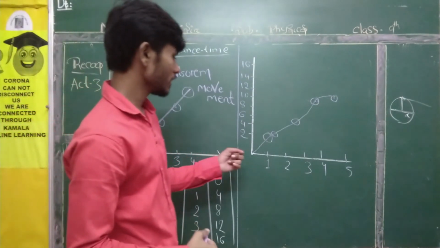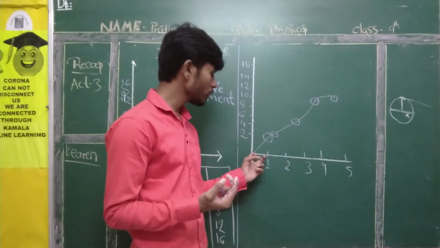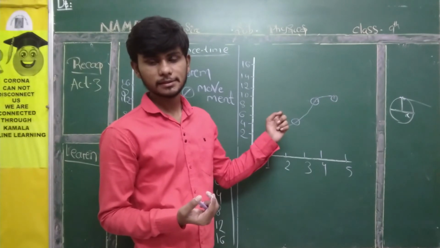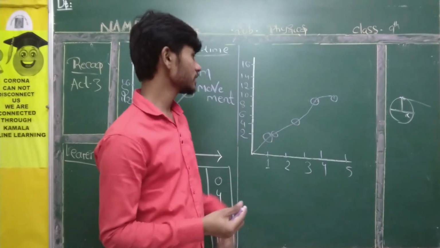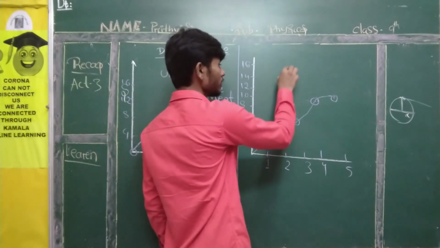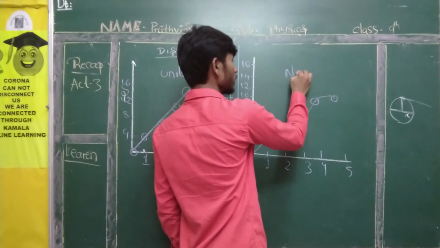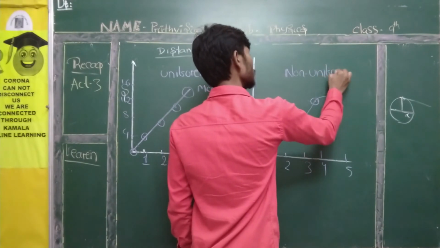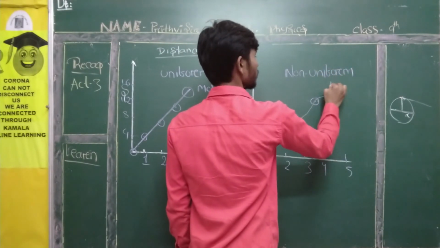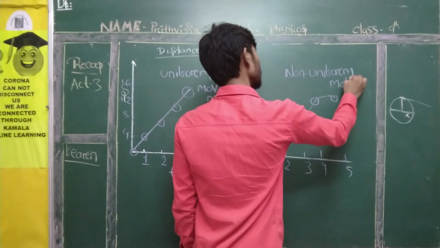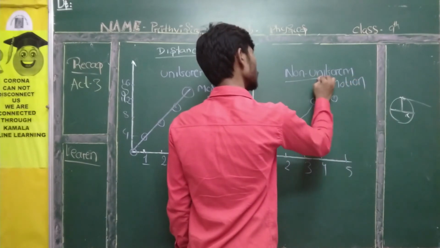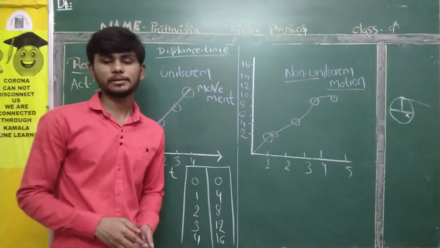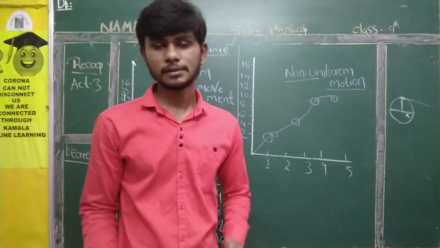So in this case you can observe that in equal intervals of time, it is not covering an equal amount of distance. Right? So in this case, we will consider that this particular object is moving in non-uniform motion.